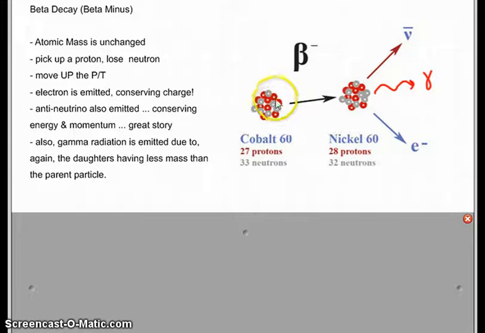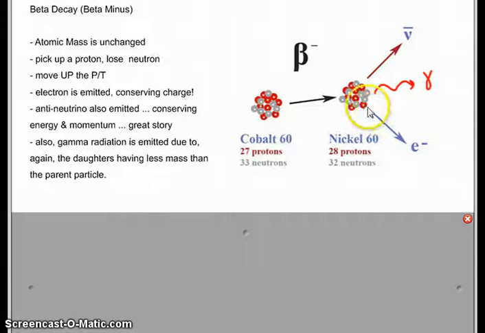So in here, one of the neutrons has transformed itself, through some mechanism which we'll talk about another time, into a proton. So we've moved up the periodic table by one. We're now at nickel, but charge has to be conserved. So the fact that the nucleus is now more positive because a neutral item became positive has to be balanced out.